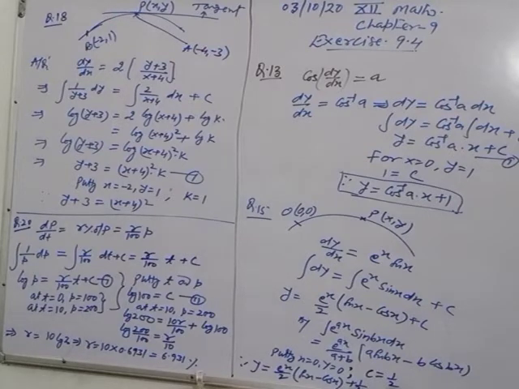So what is the question? The question is, in a bank, principal increases continuously at the rate of r% per year. If you take principal as P, the rate of change of principal means dP by dt, and this is equal to R% of P, that is R by 100 into P. So this is your equation.